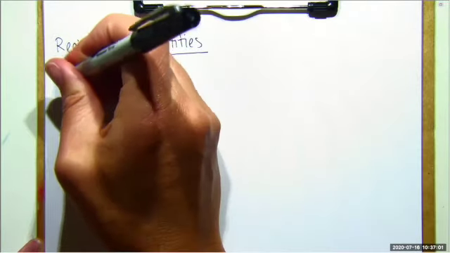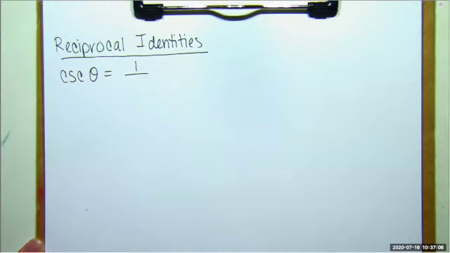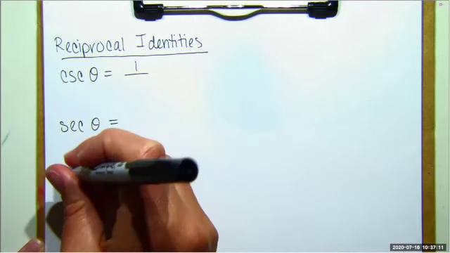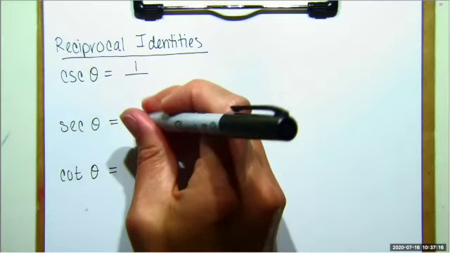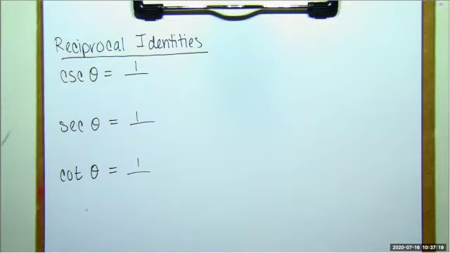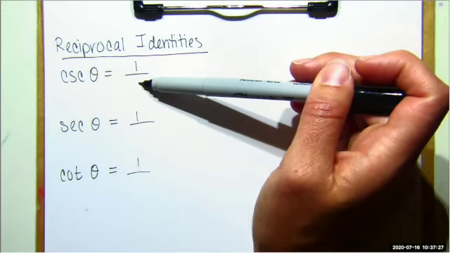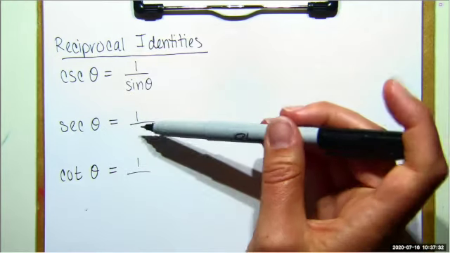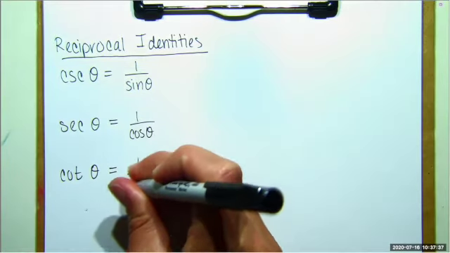And we have that cosecant of theta is the reciprocal of, here, let me write these out and then you guys can help me fill these in. Okay, so help me fill these in. Cosecant is the reciprocal of what? Sine, cosine, or tangent? Sine, good. Secant's the reciprocal of what? Sine, cosine, or tangent? Cosine. And cotangent's the reciprocal of tangent.